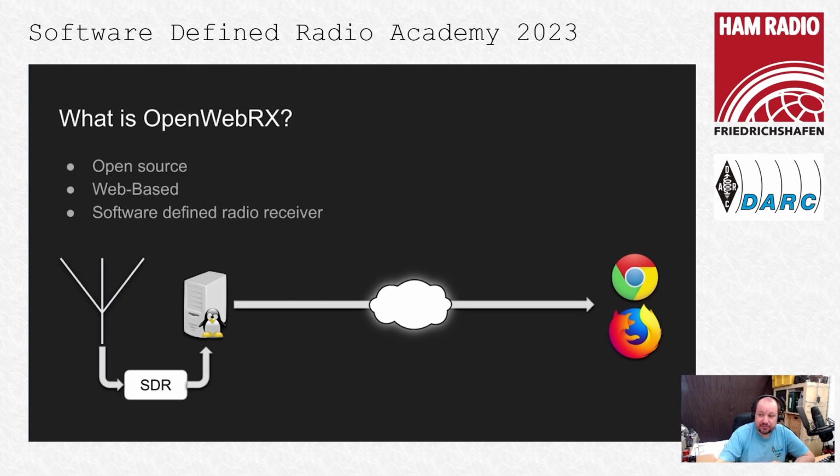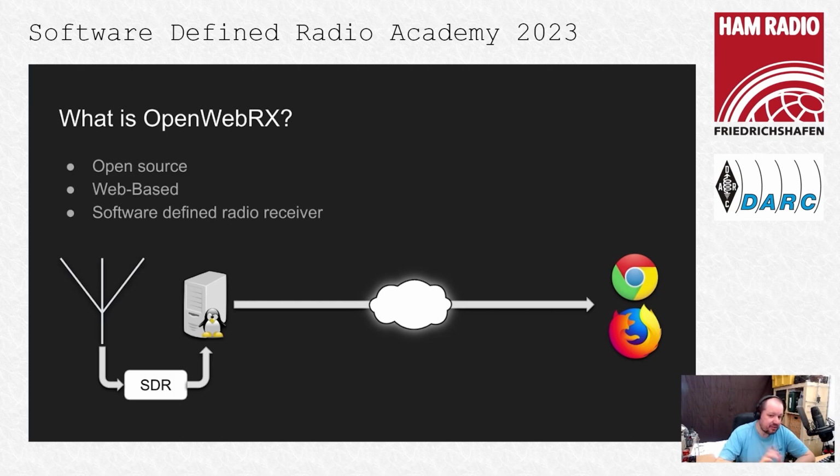You have a software-defined radio device. I'm not going to specify it any closer. You can use an RTL SDR, you can use other brands. OpenWebRX supports a variety of hardware. You have a Linux server, and the cloud in the middle is basically signifying any kind of network environment.